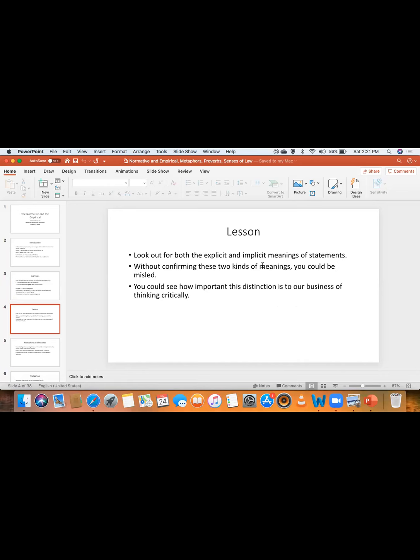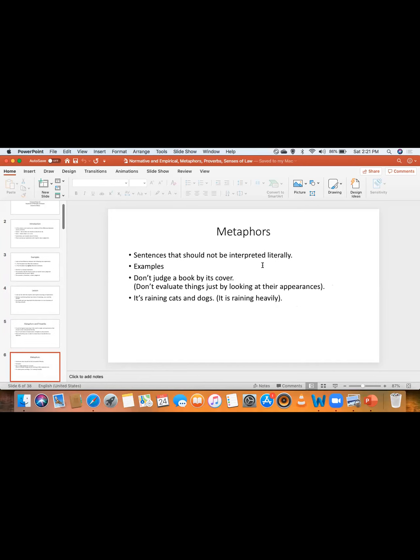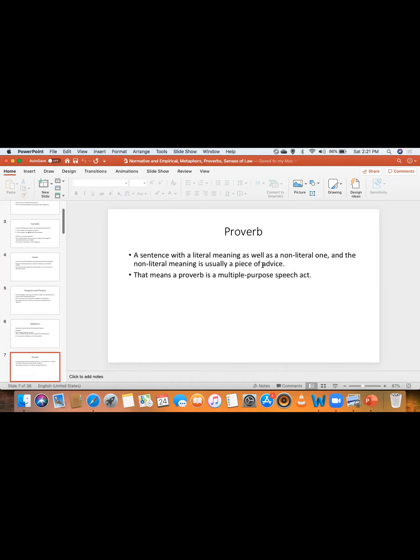value judgment. Then we saw metaphors and proverbs. We said metaphors are statements that shouldn't be interpreted literally. But for proverbs, you can interpret them literally because their literal interpretation is reasonable. Their non-literal interpretation is also reasonable. So that's the difference between proverbs and metaphors.